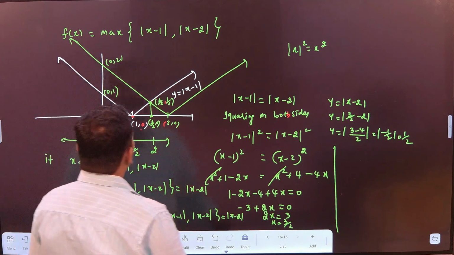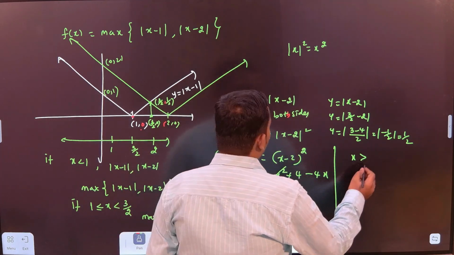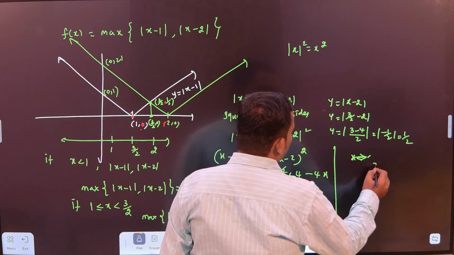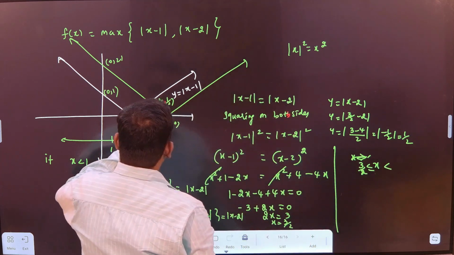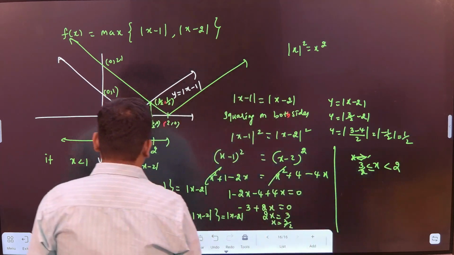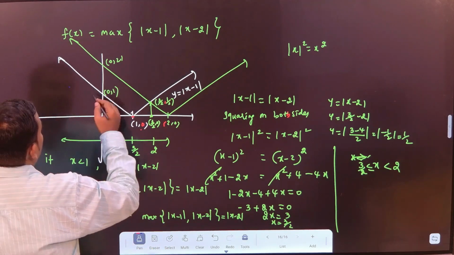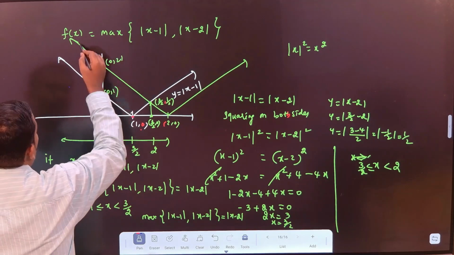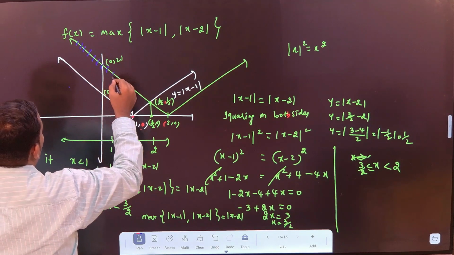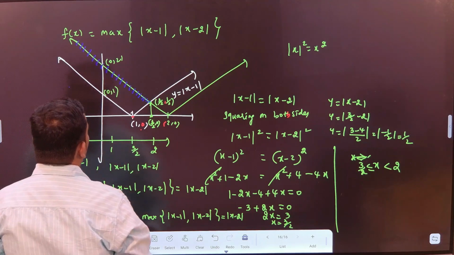Okay, fine. Let us take x is more than 3 by 2, and less than 2, which is the maximum? Otherwise, you can shade this region. When you take this, which is the maximum here, this portion is the maximum, right?